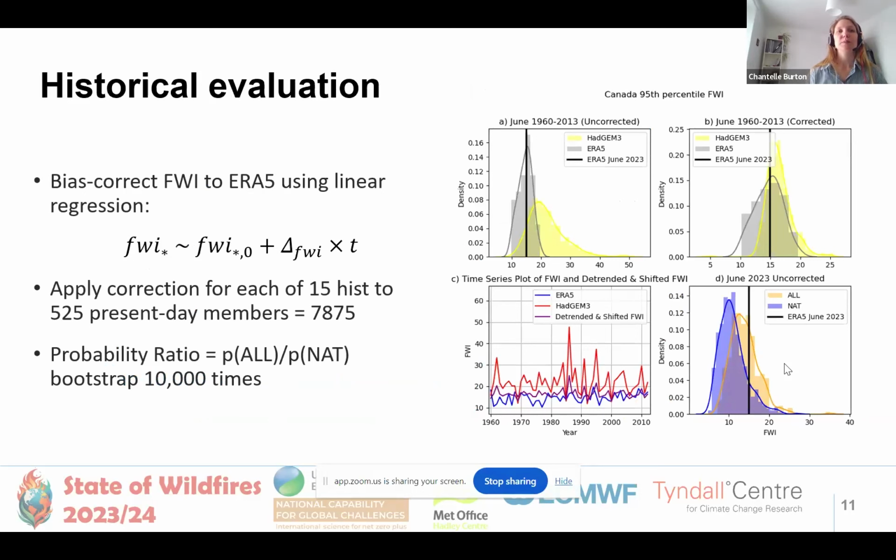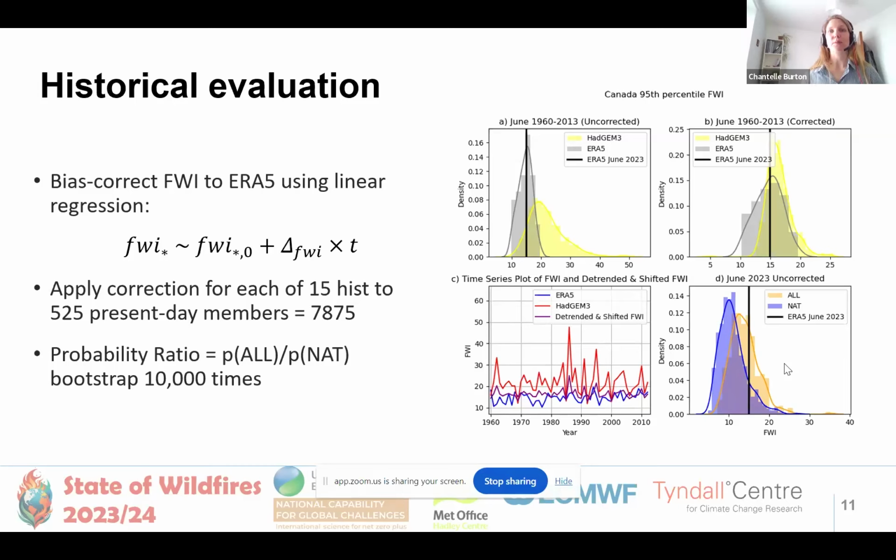So we start by evaluating the model. So the plots on the right-hand side here, we're looking at the Canada wildfire event from last year. We're looking at the 95th percentile of fire weather, so really trying to target the extreme end of that.